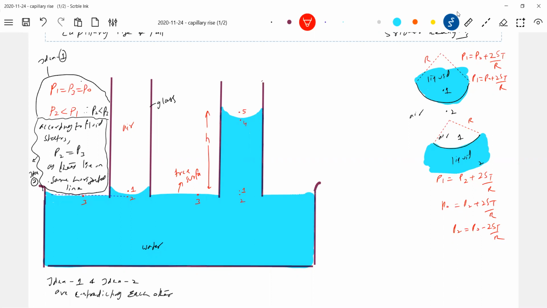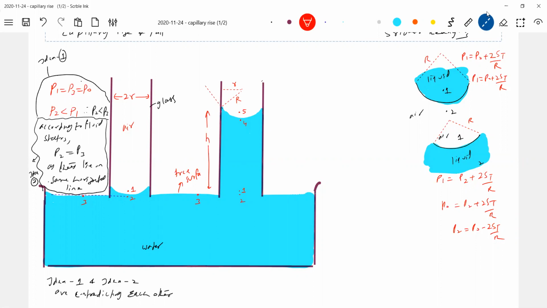This is 5. Let capital R be the radius of the meniscus, and small r be the radius of the capillary tube. Now this should be the angle of contact.